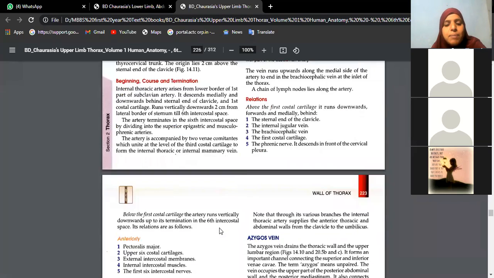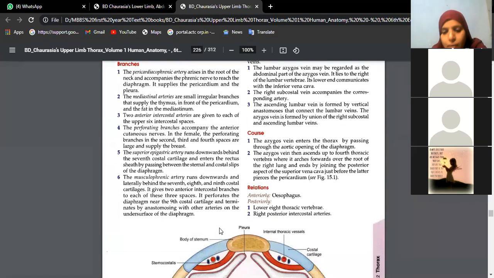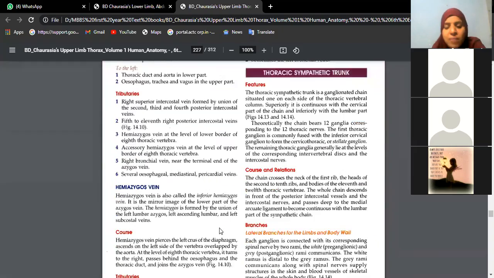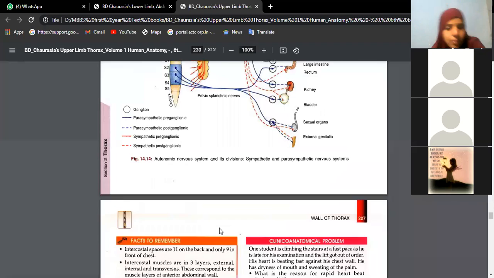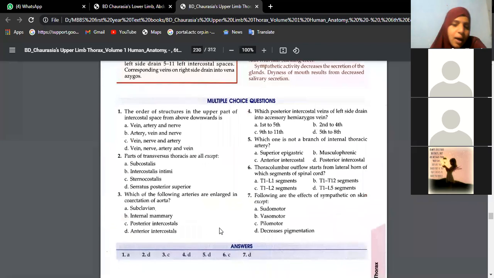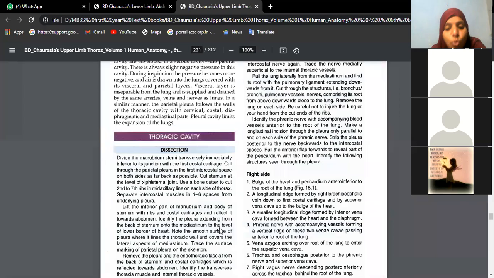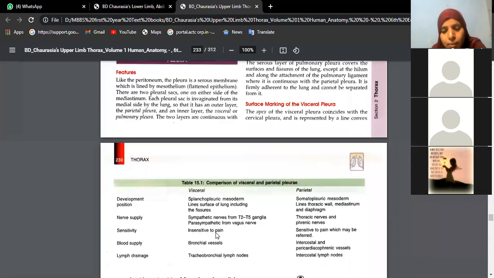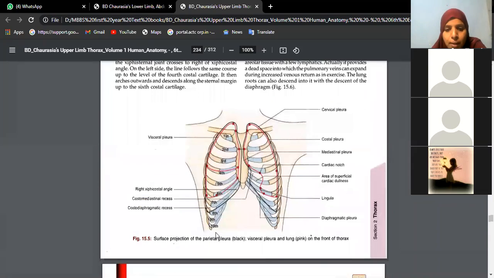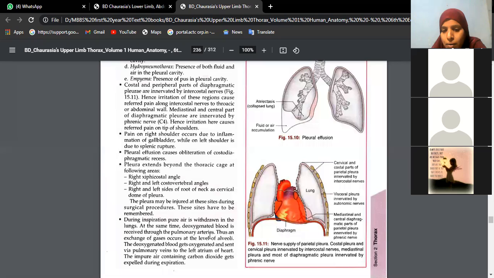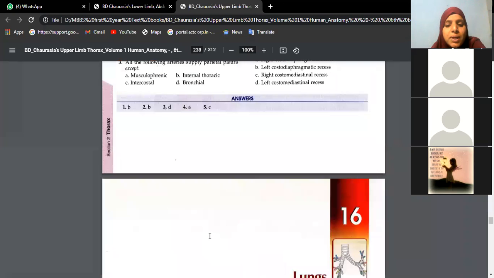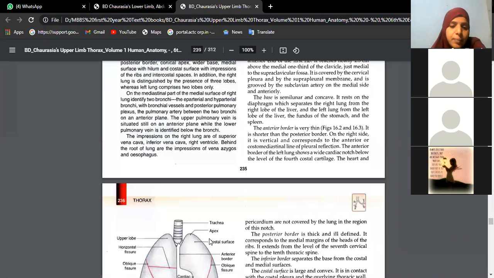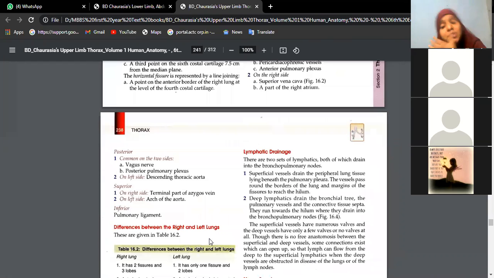Klinefelter syndrome. Excellent. Any other thing you can think about? Where Barr body is absent, though the lady is female. Turner syndrome. Excellent, beta. Can you tell one extra X chromosome in case of female?